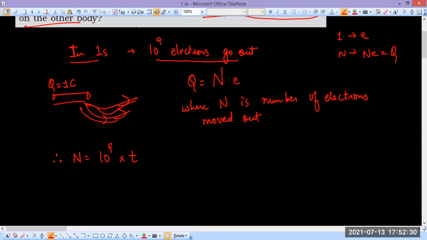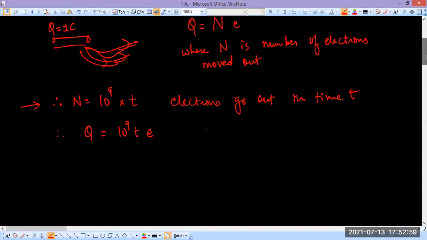In t time, these many electrons go out in time t. Understood this sentence? Okay, now we can find that time t. So Q, combine both equations. Q is equal to 10 raised to 9 t into e, right?